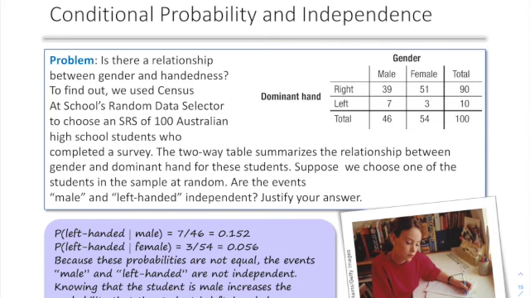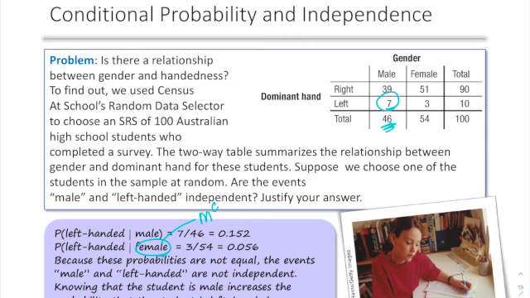Justify your answer. So we're looking at the probability that they're left-handed given that they're male. And is that the same as the probability that they're left-handed given that they're female? Because female would be the complement of male. Alright, so left-handed and male. So remember, the numerator is the probability of left-handed and male. So we have 7 divided by just the fact that they're male, 46.